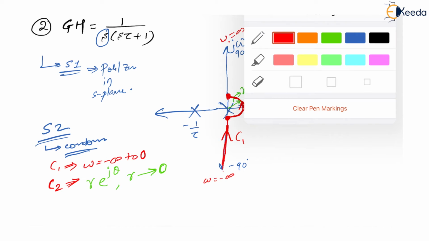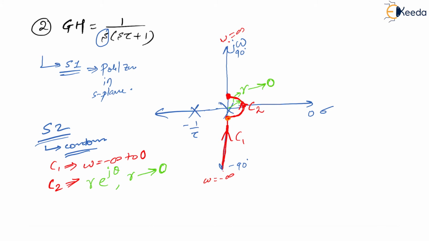So theta varies from minus 90 degrees to 0 to plus 90 degrees. I hope this point is very clear to you.